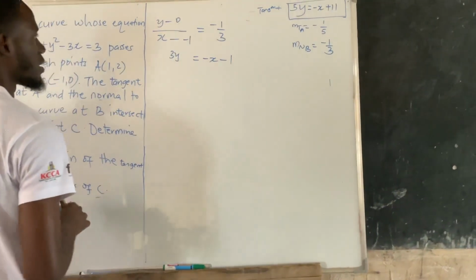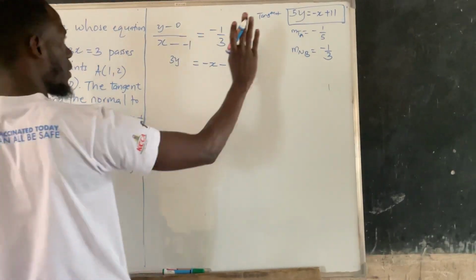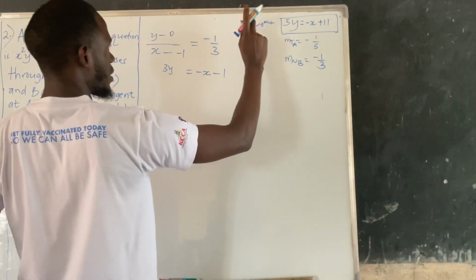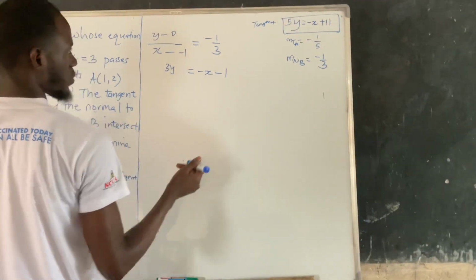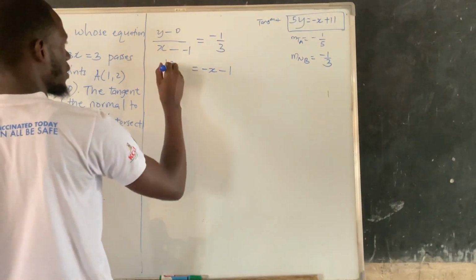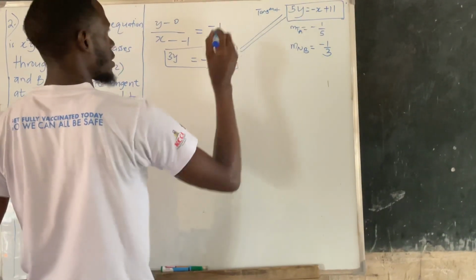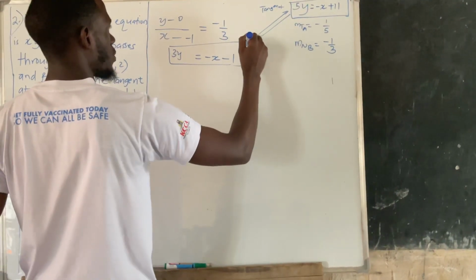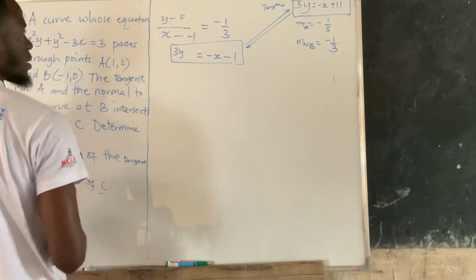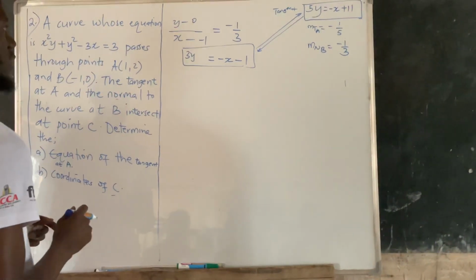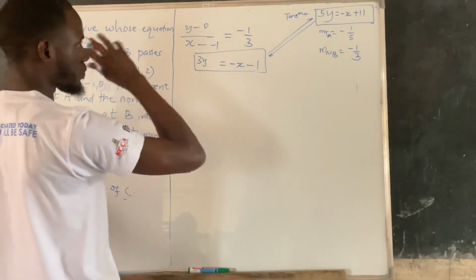So they said that the normal and the tangent meet at C. So it means that I'm going to solve this one here and this one here simultaneously. I'm going to solve these two simultaneously, then I get the point where they intersect. So how do we do that?